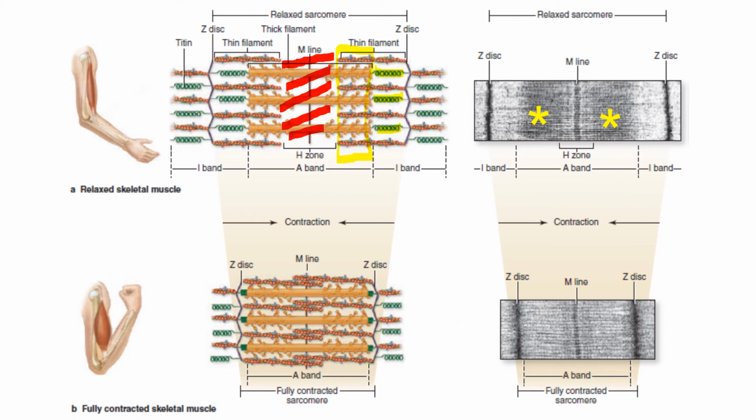On the other hand, upon muscle contraction, actin filaments move towards the center of the sarcomere. This brings the Z lines closer together and compresses the titin filament.